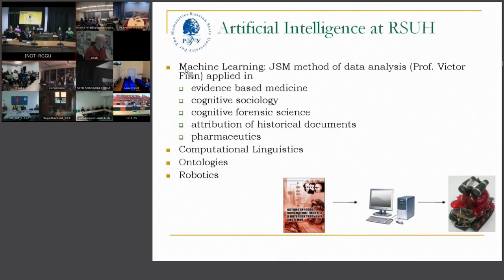A famous GSM method of data analysis was introduced by Professor Victor Finn, and this method is applied in evidence-based medicine, cognitive sociology, cognitive forensic science, attribution of historical documents, and pharmaceutics. We are also doing research in computational linguistics, in ontologies, and robotics.